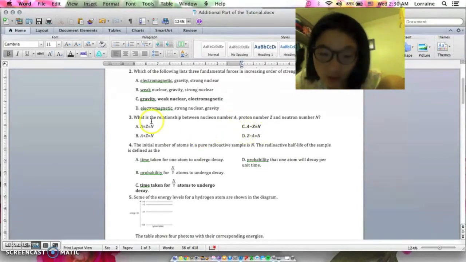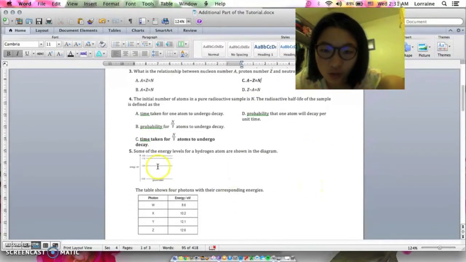Here we can find A equals N plus Z, so what I did is I equated N to A and Z, and this is the answer. N equals A minus Z. So that's why this is my answer, letter C.